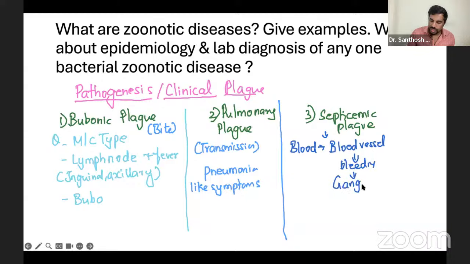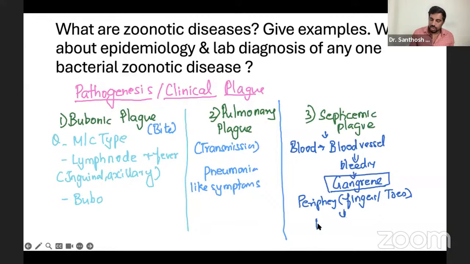After bleeding, in the local region you will see gangrene. This gangrene is seen mainly in the periphery of your foot, fingers and toes, which is very dangerous. Gangrene lesions you can see.